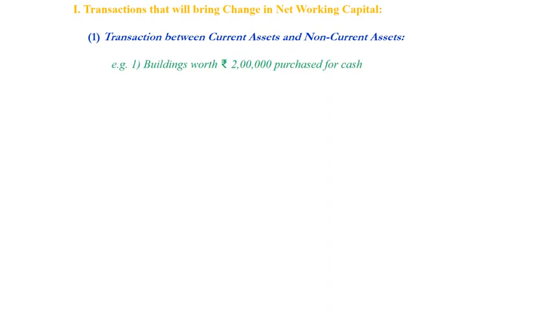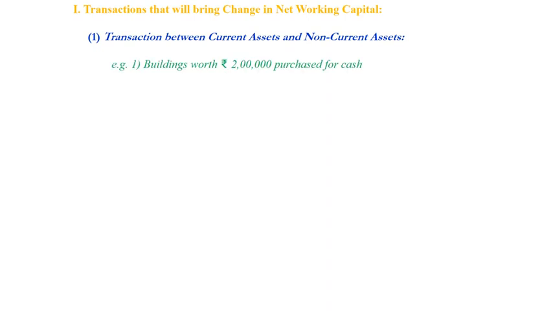First, transactions that will bring change in net working capital. These have been subclassified like this: transactions between current assets and non-current assets. If a transaction is between one current asset and another non-current asset, what will be the impact of such transaction on working capital is the point here.